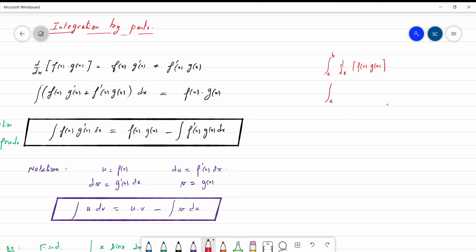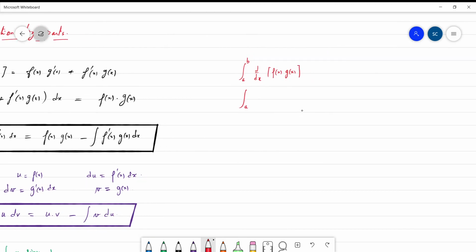That's equal to the integral from a to b of f(x) g prime(x) plus f prime(x) g(x) dx.